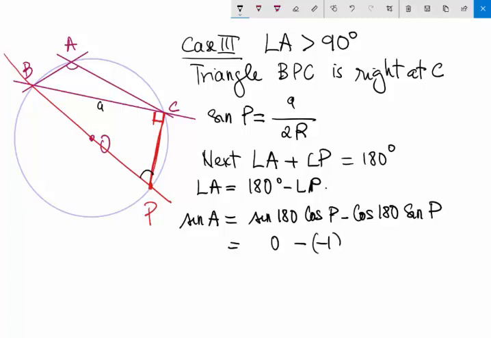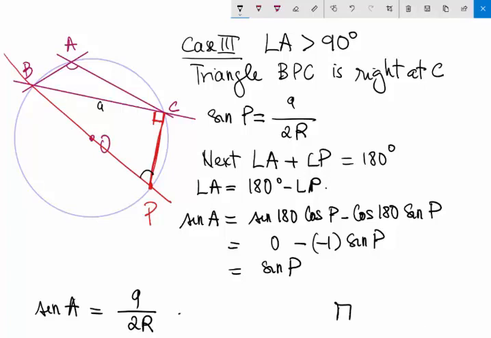Cosine of 180 degrees is negative 1. So we get sine of P. So A and P have the same sine. So then we can say that sine of A is equal to a over 2R. And we have exhausted all possibilities. Therefore, the proof is completed.